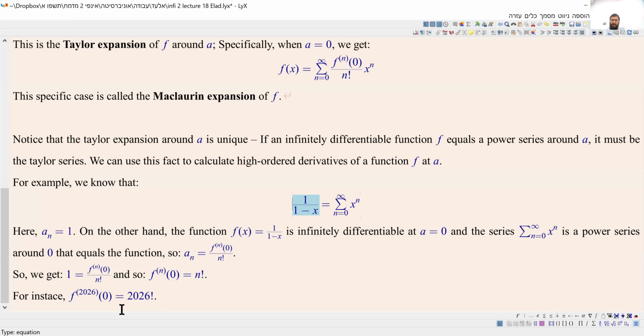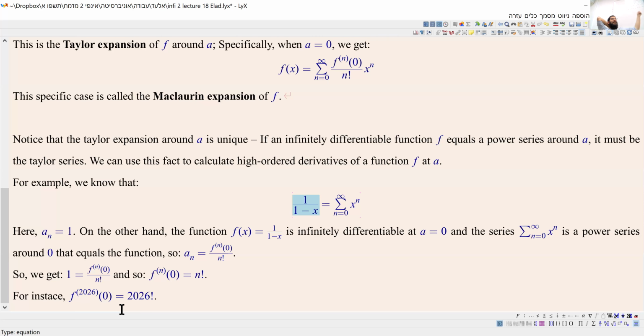Of course, it can be more complicated, some function that's not one of our basic functions. Right now we have only one, the geometric expansion. Right away we're going to have another two. But this is a reason, something like that, to look at the equation of function and power series from the other side. Not using that the power series equals a function and calculating sums or something, but the other way around.